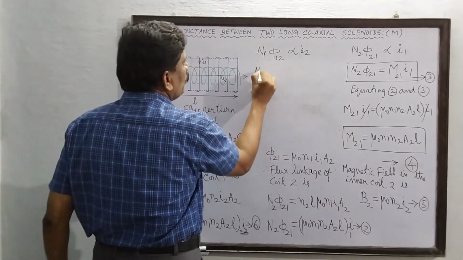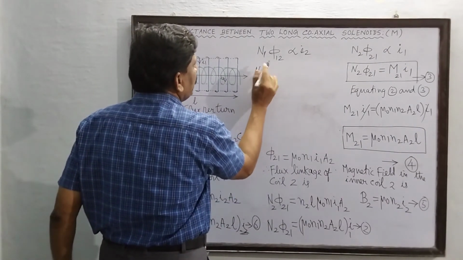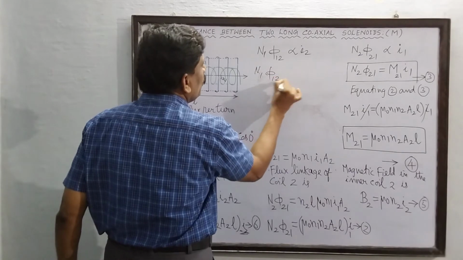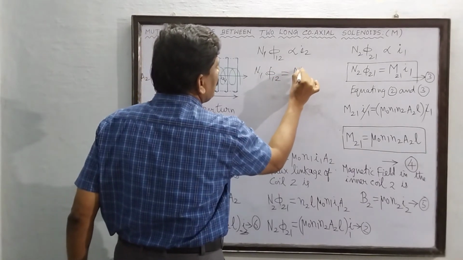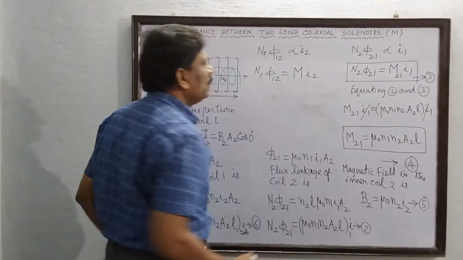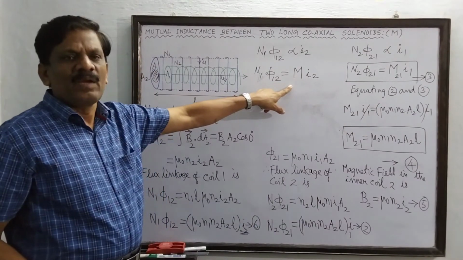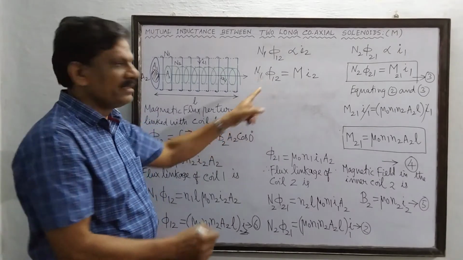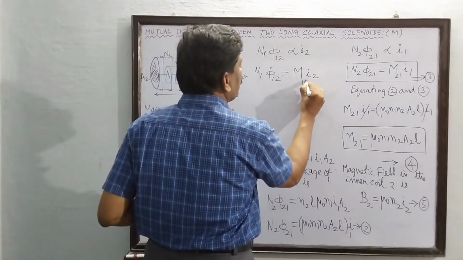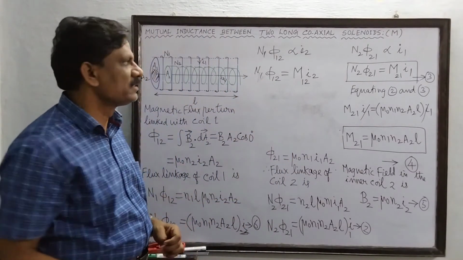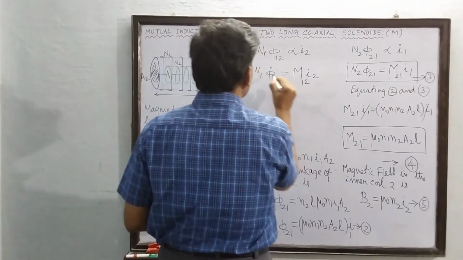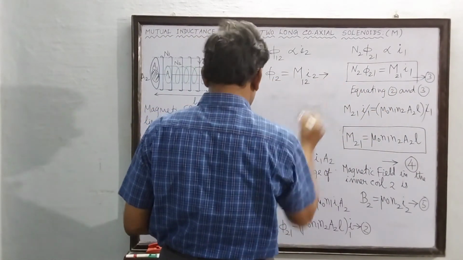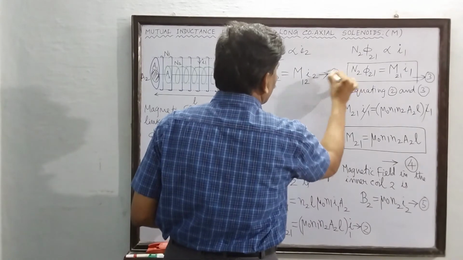So N1 into phi 12 is equal to some constant M times I2. This M is the mutual inductance of the first coil with respect to the second coil. Therefore, the symbol I am going to use is M12 into I2. Okay, students. So a similar equation we are getting. This is equation number 7.